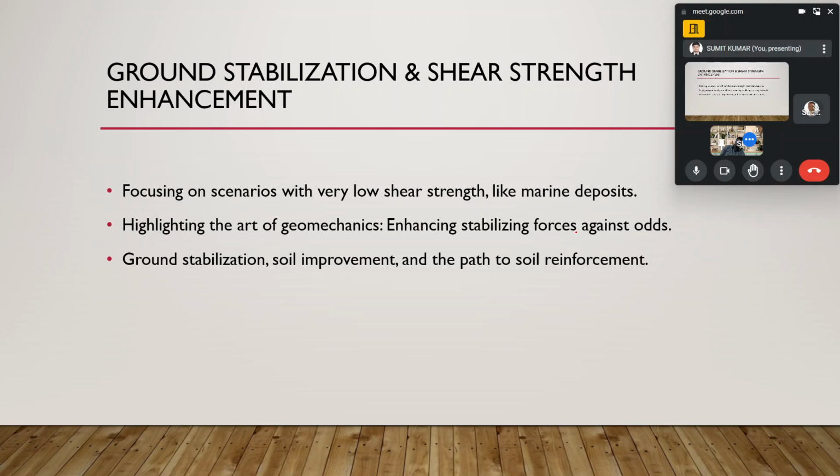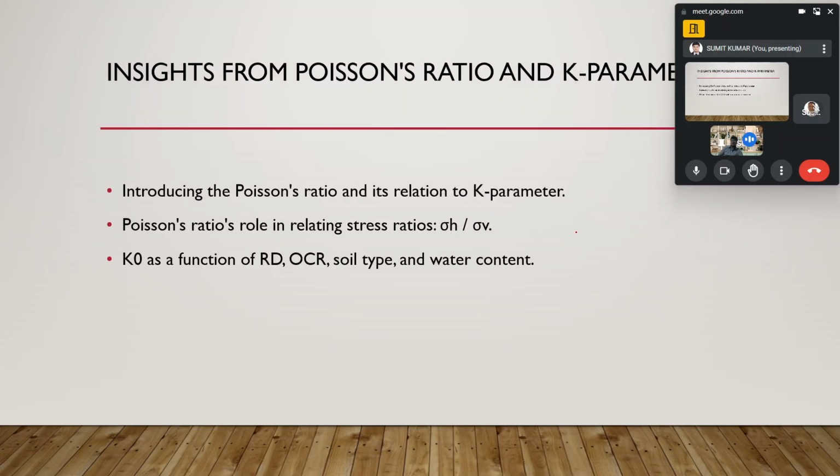There is a term related to the Poisson ratio. When we talk about active and passive earth pressure, I have stated the earth pressure at rest in terms of the Poisson ratio. Over there, I have written K naught equal to mu by 1 minus mu. So where does that term come from? It comes from the Poisson ratio.